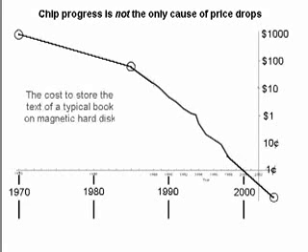Here we show the capital cost of a portion of magnetic hard disk large enough to store a megabyte of information, roughly equivalent to the amount of text in a book. In 1970, storing a book on disk cost $1,000. Even by the mid-1980s, it still cost $100.